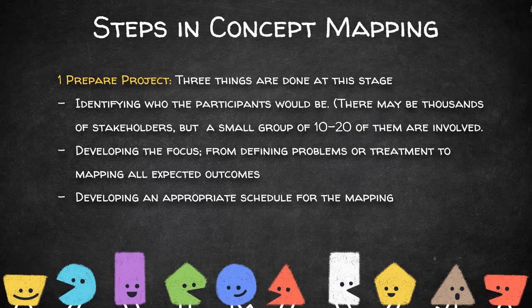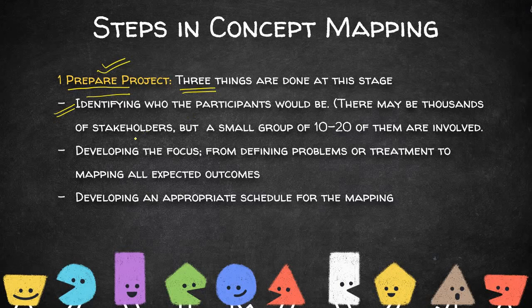So in concept mapping, there are 6 steps. It begins with the preparation phase, or the first level of preparing the project. At this stage, we normally do 3 things. First, we identify who would be the participants.